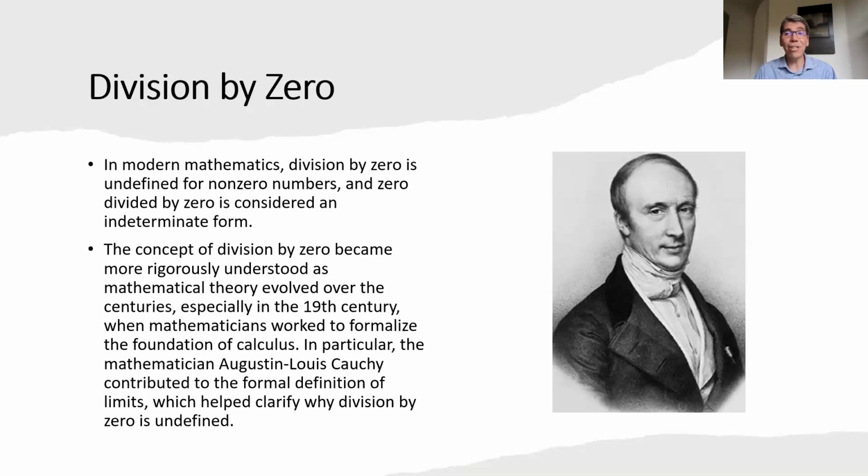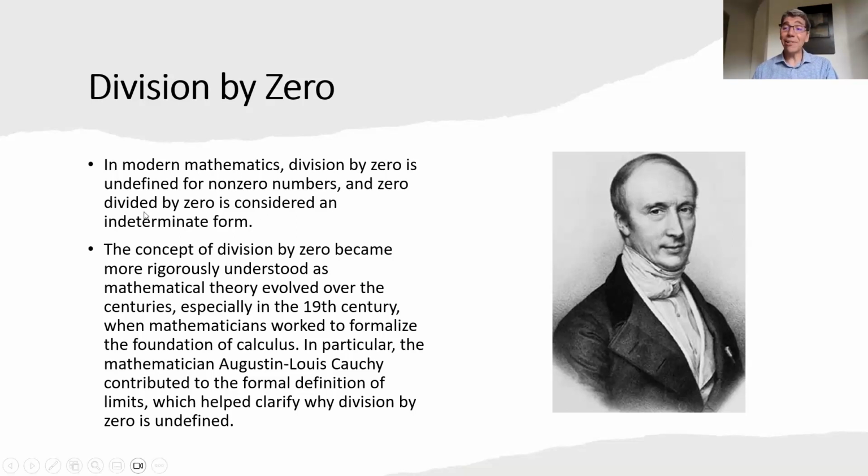We cannot even do division by 0. So whenever you encounter something that introduces a division by 0, throw your arms up in the air, run around the room screaming, undefined, undefined, okay? And you cannot go further than that.